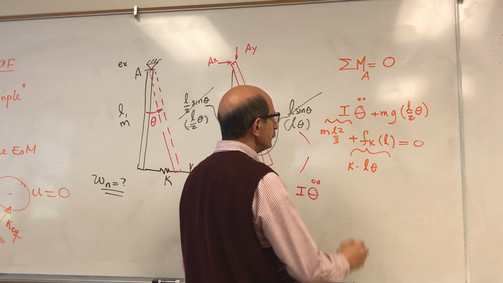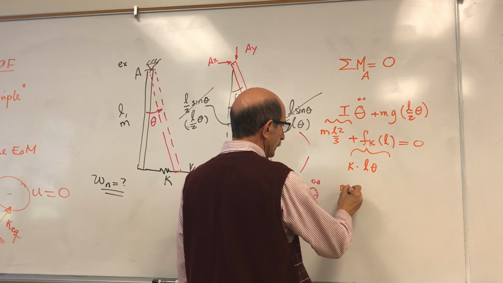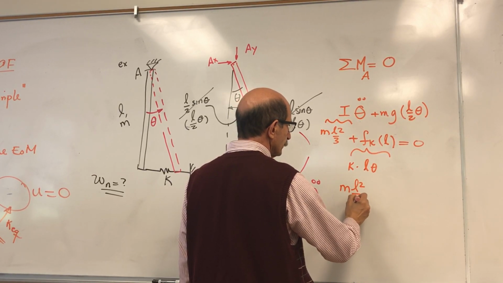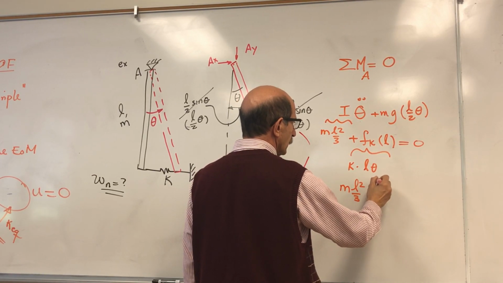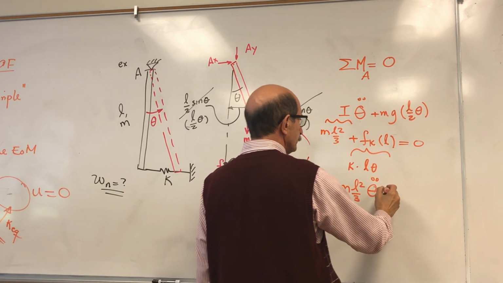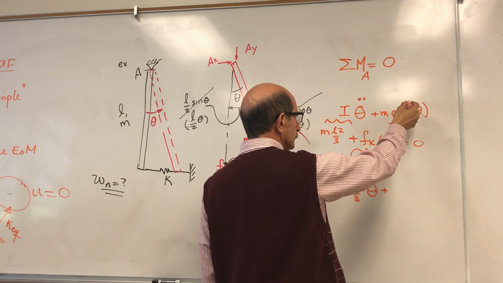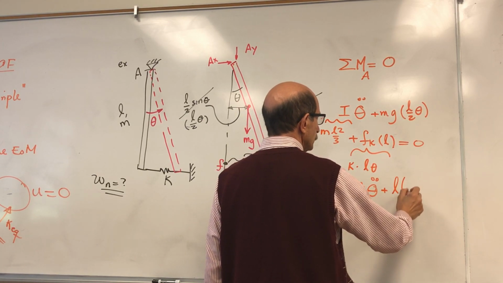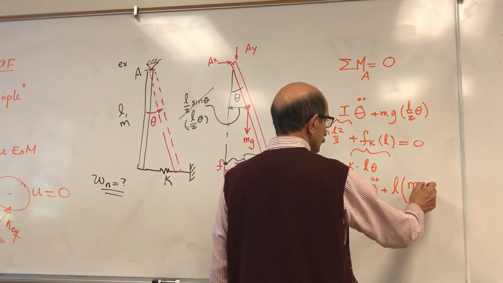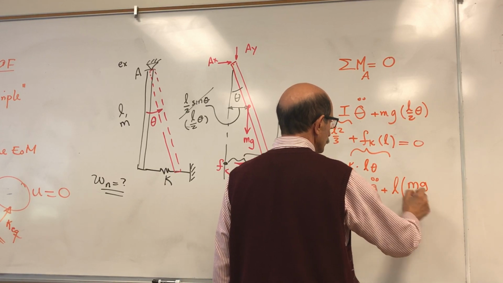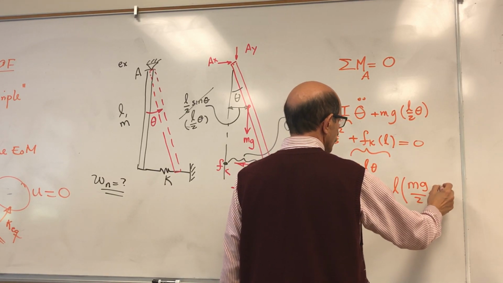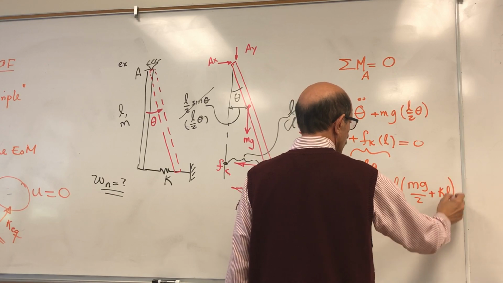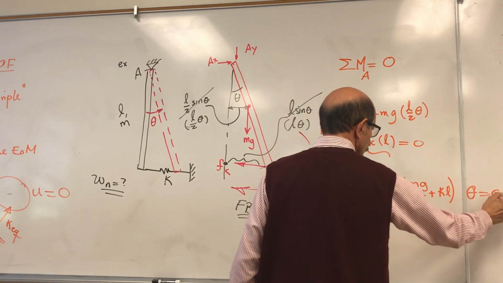That would be it. So you have then ML squared over 3 theta double dot plus, I can factor out L here, so I have L times (mg over 2 plus kL) theta is equal to 0.